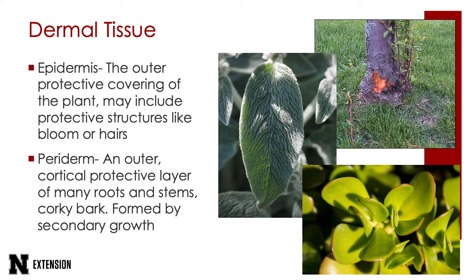A periderm is a term that we find associated with a protective outer layer on many roots and stems, which is made up of a corky type of bark. It's formed by secondary growth within the stem. So in the picture of the crabapple above, we see the periderm, the outer bark, again pointing to the fact that the vascular tissue is very shallowly located right underneath the bark.